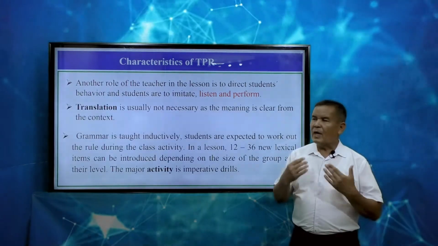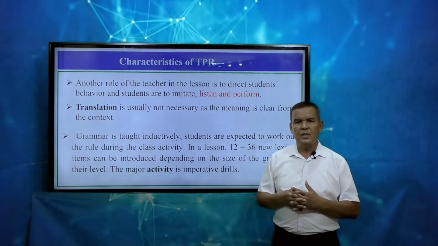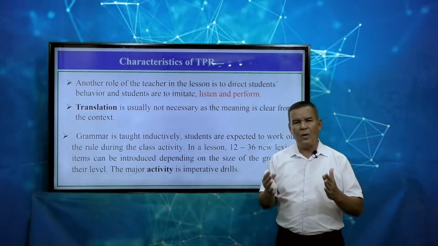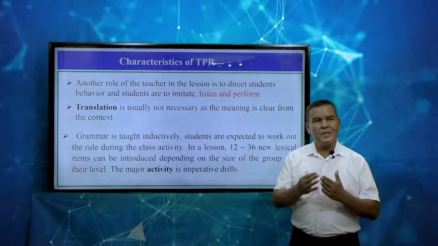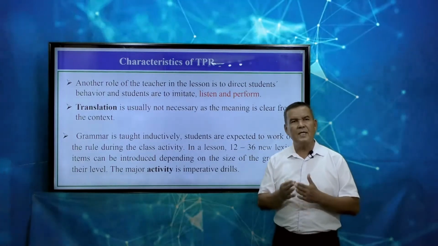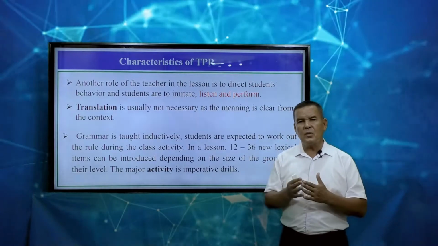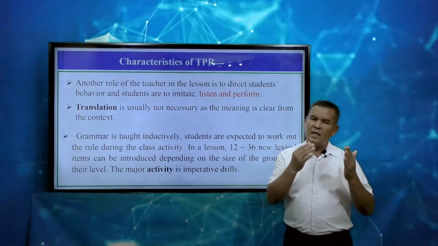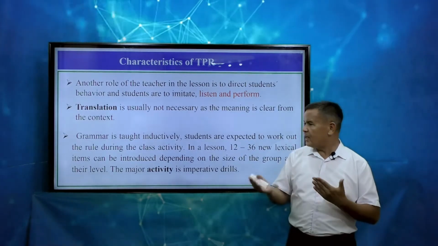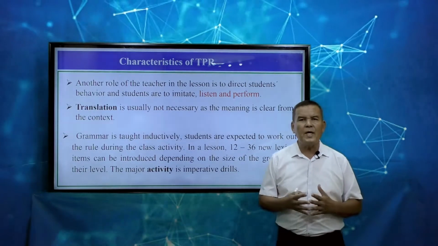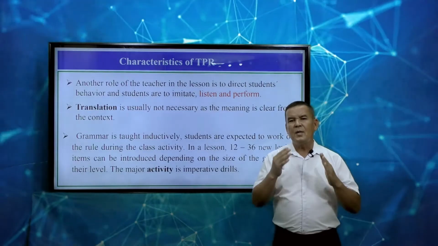Grammar is taught inductively. Students are expected to work out the rule during the class activity. If you use this method, 36 new lexical items can be introduced depending on the size of the group and their level. The major activity is imperative drill.